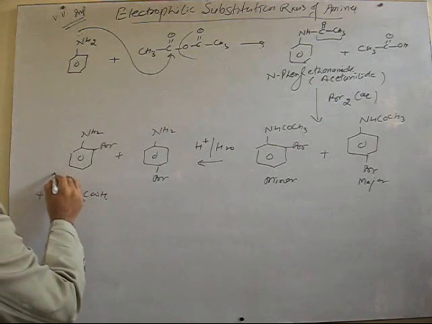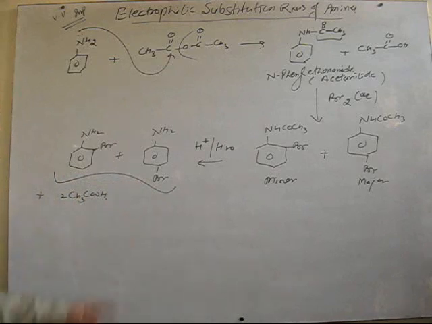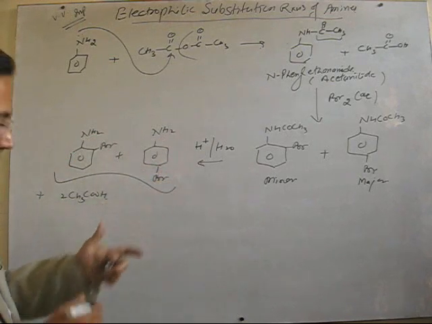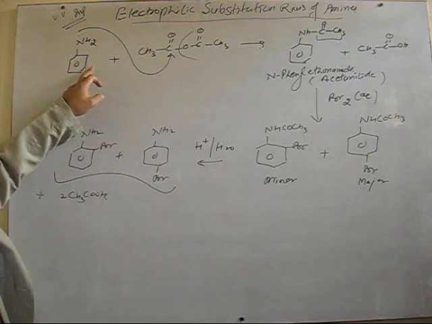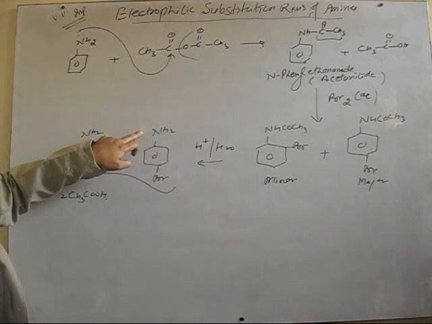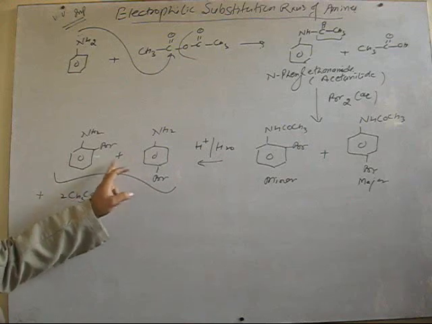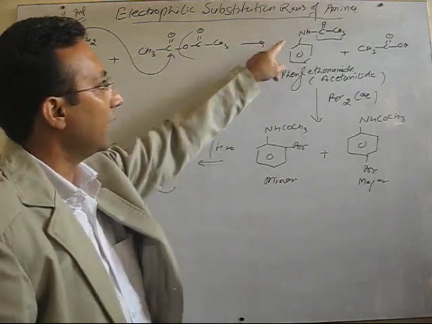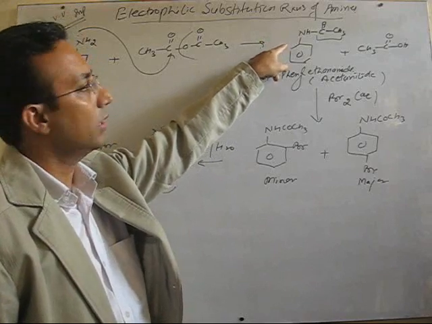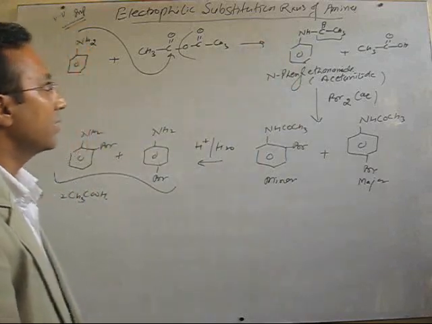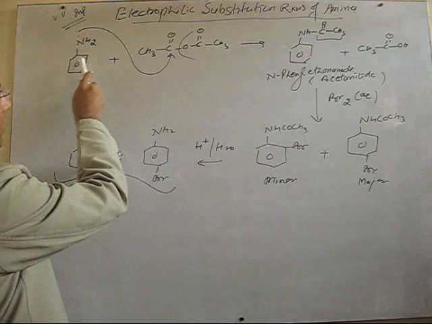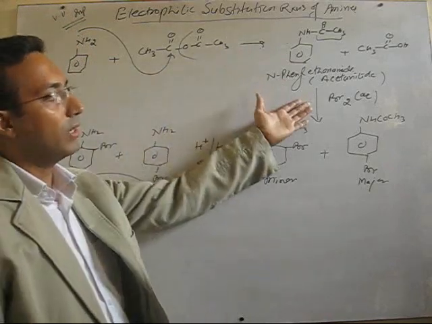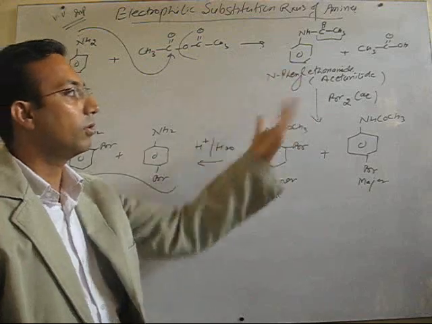So you have got the normal mono-substituted products, that is ortho-bromoaniline and para-bromoaniline, which you cannot get by direct bromination of aniline. To reach these mono-substituted products, we have to first acetylate aniline. This question is usually asked in exams, that why aniline is made to undergo acetylation before electrophilic substitution or before bromination.